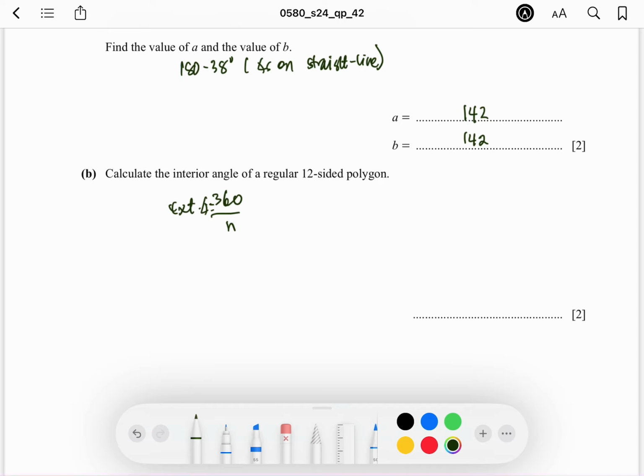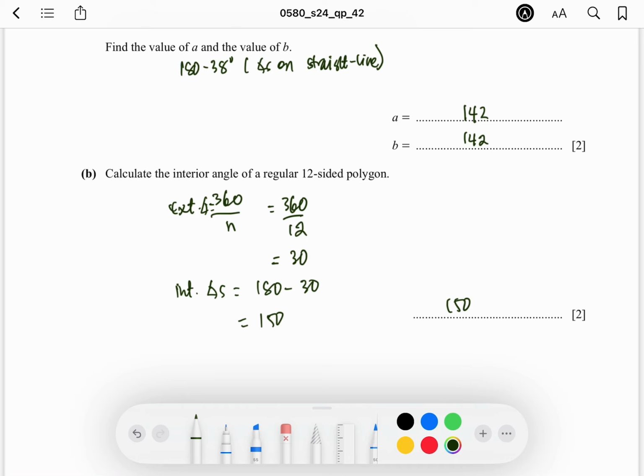First, that's 360 divided by 12, which is equals to 30. So that means the interior angle is 180 minus the exterior angle, which is equals to, metodnya dah berubah.